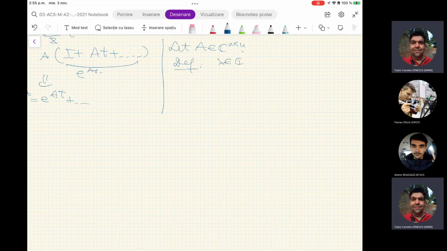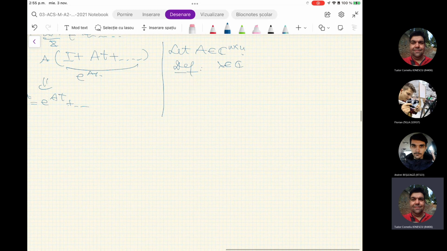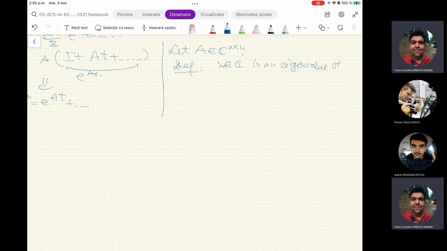Lambda in the complex numbers is an eigenvalue of A, that is, lambda belongs to the spectrum of A, or sigma of A. It depends on how you denote this.